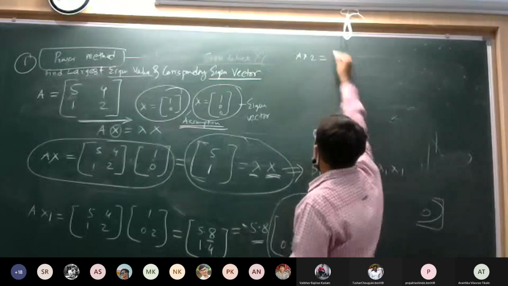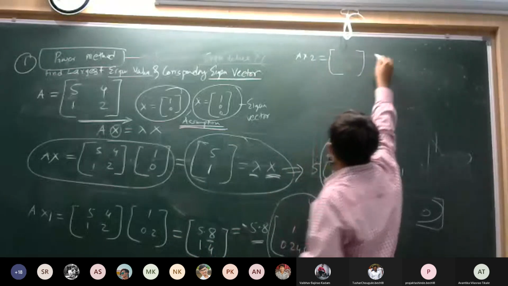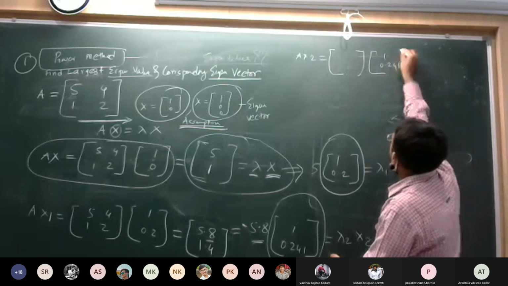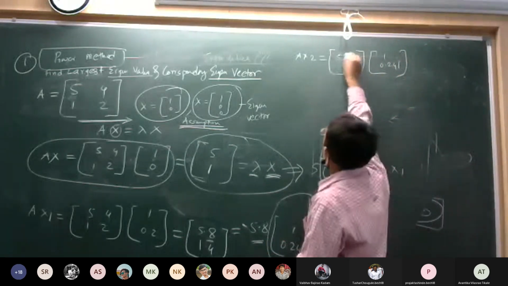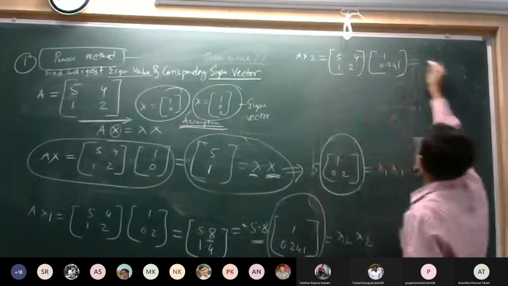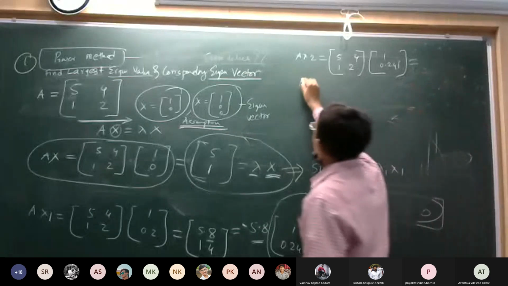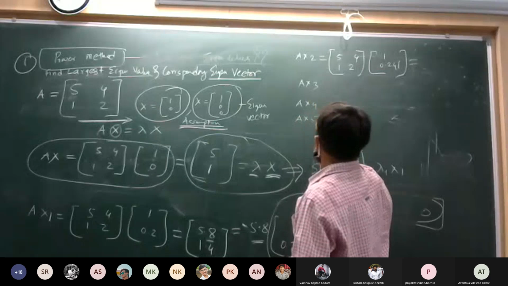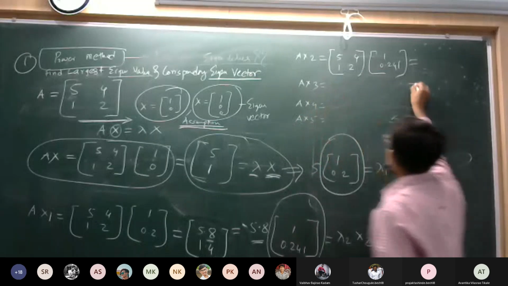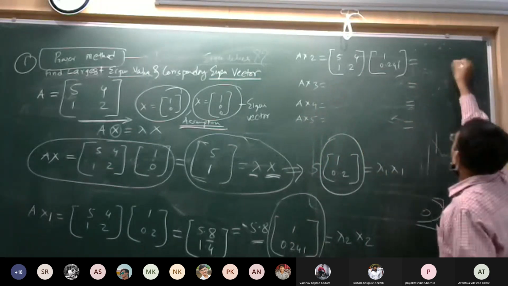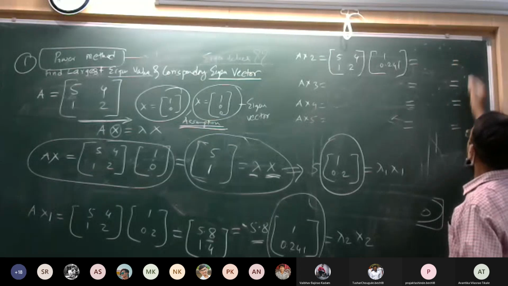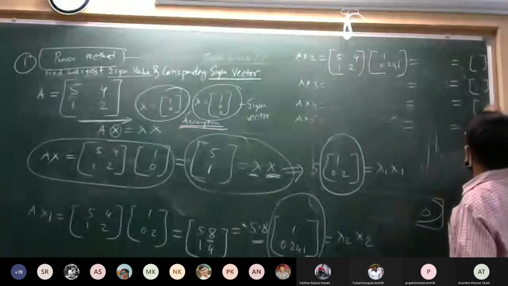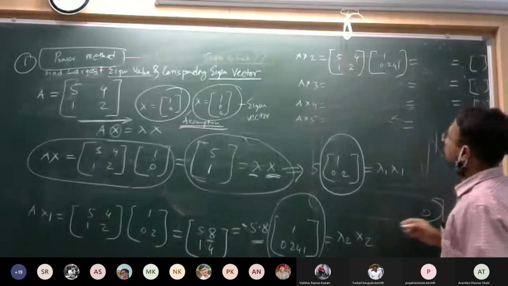Ax2 would be the given matrix A into x2, 1.41. 5, 4, 1, 2. Again we have to multiply, and again we have to draw. Again Ax3, Ax4, Ax5, until the corresponding eigenvector we are writing here is the same. Then we have to stop.